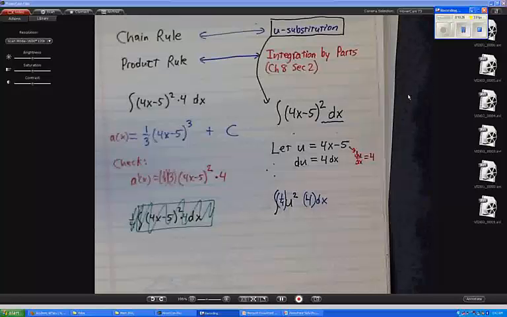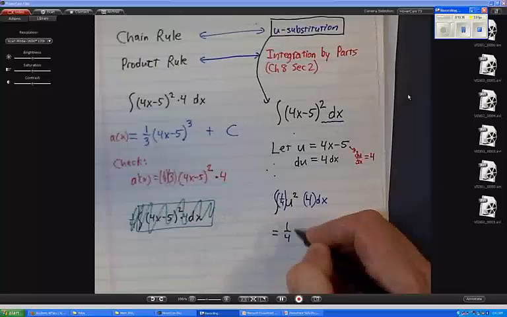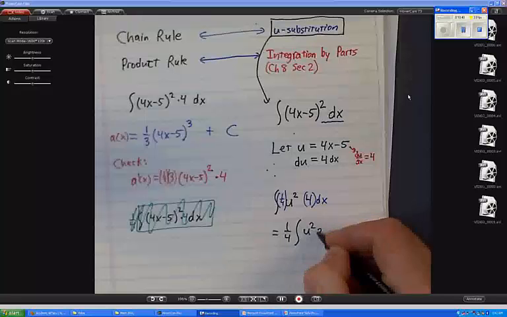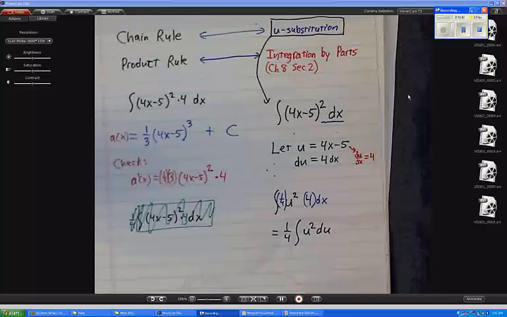You see that? Now I have 4 dx, which is the same as du. So what I get is 1/4 the integral of u squared du. Does this make sense?